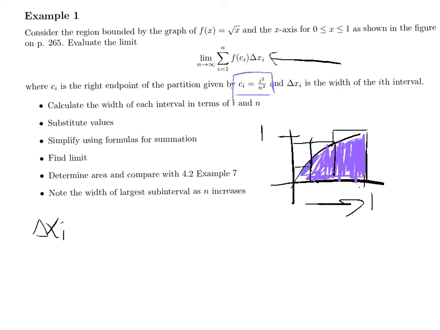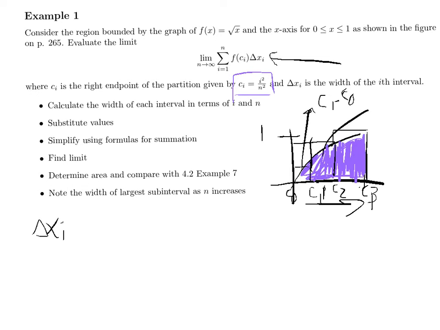If we want to know the width of the first rectangle, and the right endpoints are c1, c2, and c3, with this one being c0, the width would be c1 minus c0.